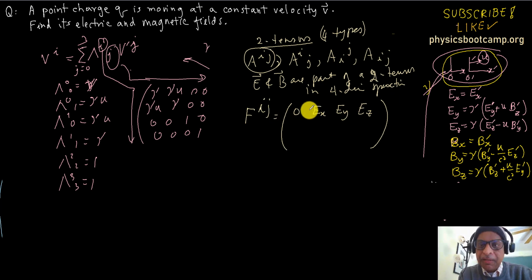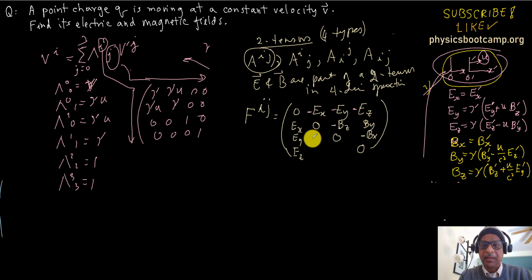This will be negative, negative, negative, and then you have Ex, Ey, Ez, and then you have a 0 along the diagonals, and over here is minus Bz, over here is minus Bx, over here is By, and then it is antisymmetric.